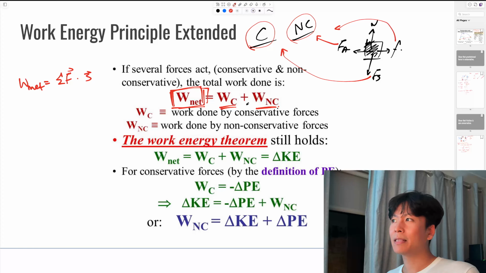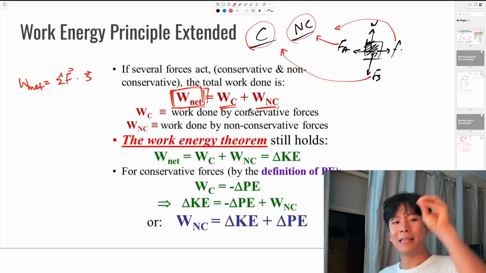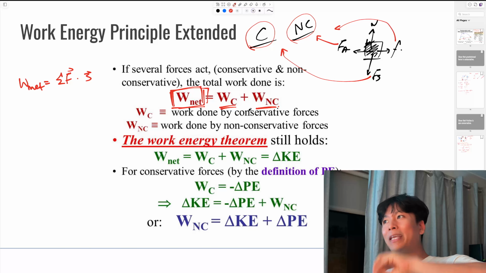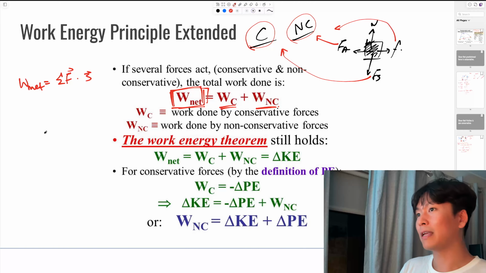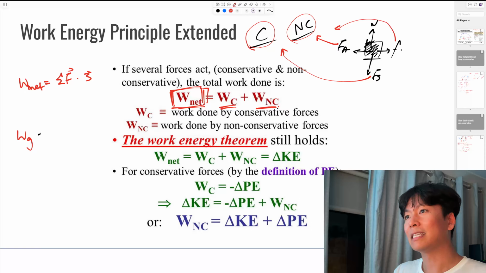Remember from last lesson that for a conservative force, we can define a potential for it. And the work done by a conservative force can actually be written in terms of potential. So if you remember, work done by gravity from the last video is equal to negative change in potential.